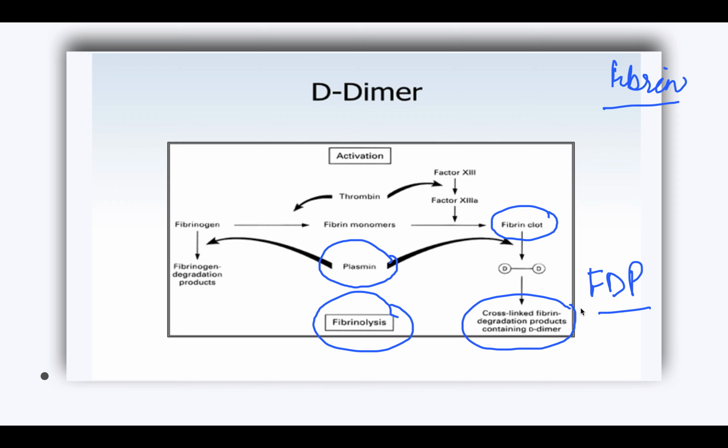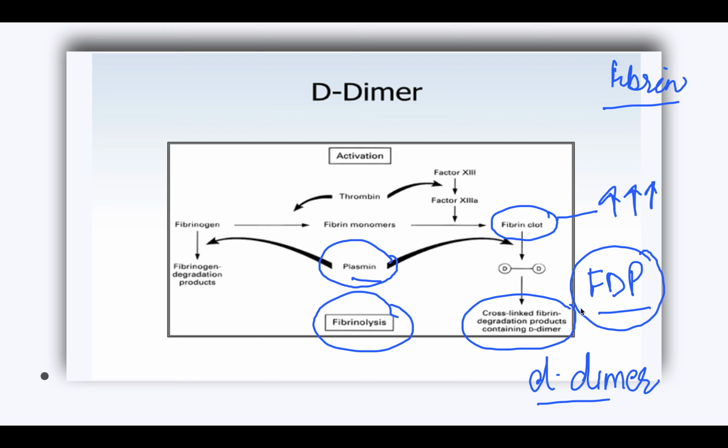Now in this case, because such widespread thrombosis is taking place, the fibrin clot will also be increased. Many clots are being formed. Then plasmin also gets activated, and lots of fibrin degradation products will be there. So to diagnose a case of DIC, we use FDPs, which are nothing but fibrin degradation products, and out of all the FDPs there is a product named D-dimer.